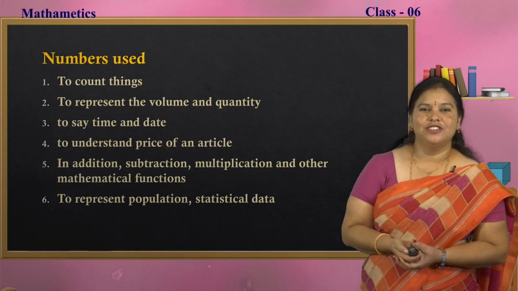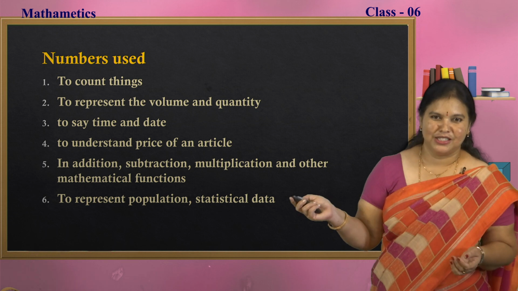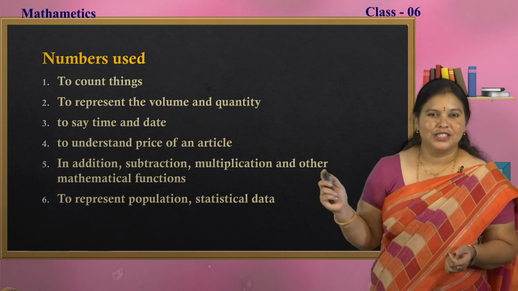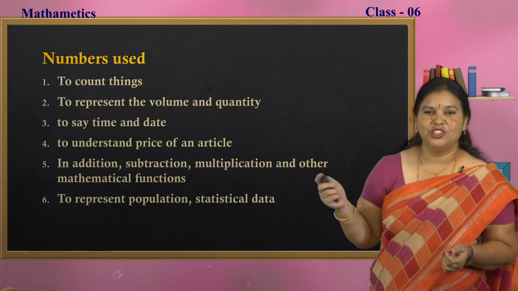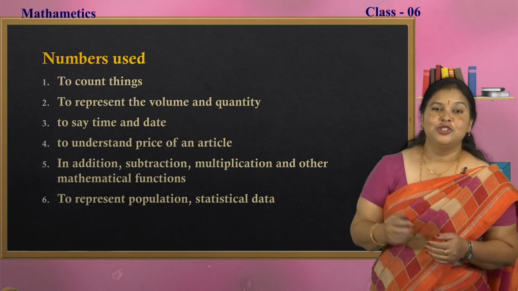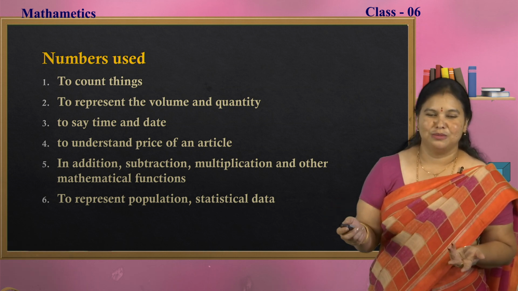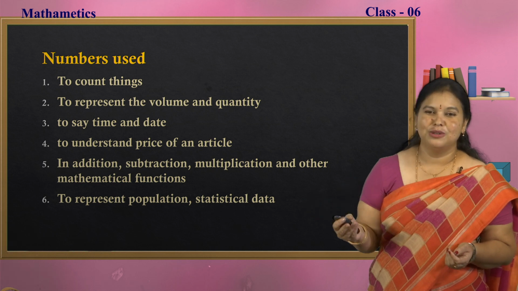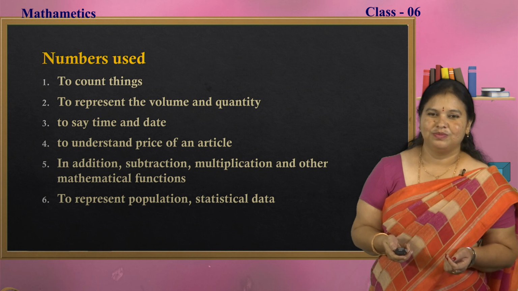Just recall what we learnt now. Numbers are used to count things, to represent volume and quantity, to say time and date, to understand the price of an article, in addition, subtraction, multiplication and other mathematical functions. To represent population and statistical data also, we can use numbers.